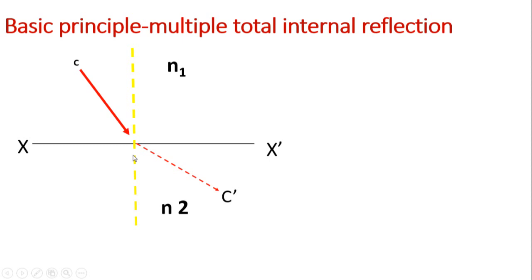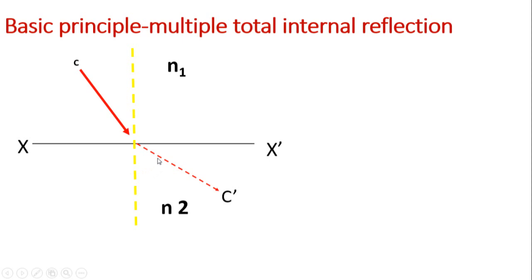Then the ray is simply refracted into the second medium, that is n2. So denser to rarer. You can see the angle of refraction. This is the angle of refraction. You can see the angle of incidence is less than the angle of refraction.